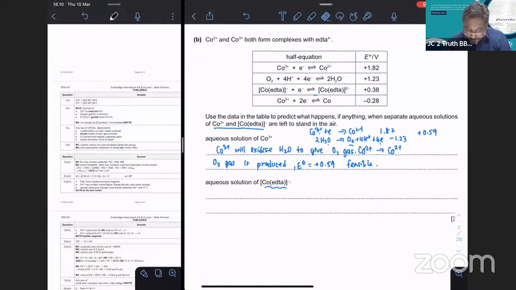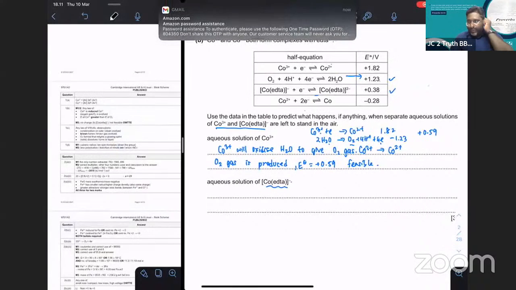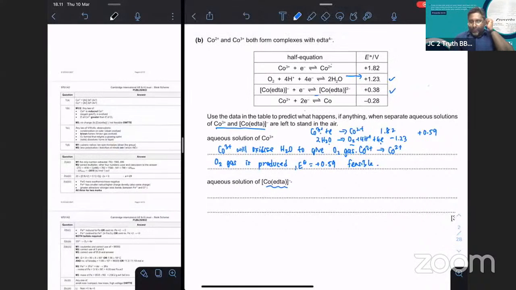Now, here I'm going to look at the reaction with air. The moment I have the reaction with air, I know that I need to focus on these two half equations. When I focus on here, I know that this is going to move forward, 1.23 is going to move forward, and the one that is going to move backward is going to be this one.